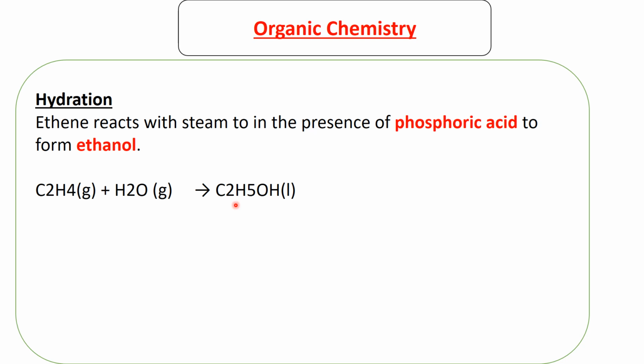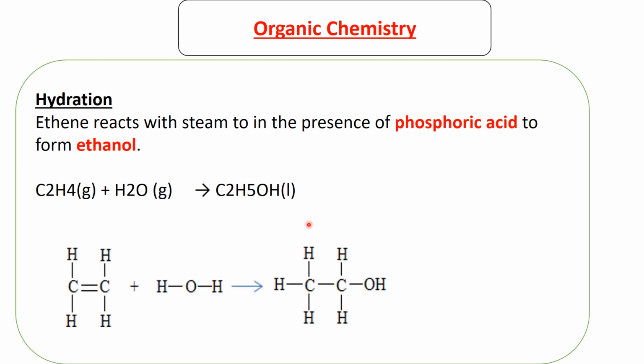If you bring in a dehydrating agent, concentrated sulfuric acid, then water is going to be removed and ethanol is going to turn into ethene and water, which is one method of preparing ethene. So the opposite is true, where again you add water to ethene and you form the alcohol ethanol.